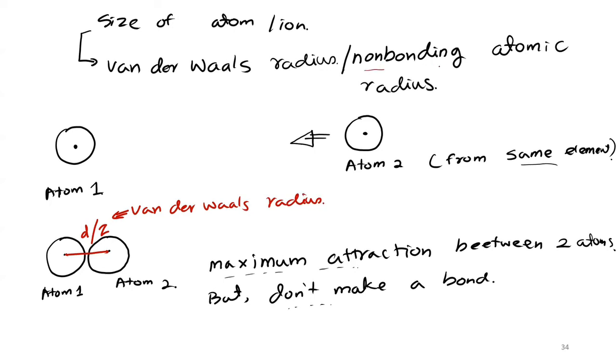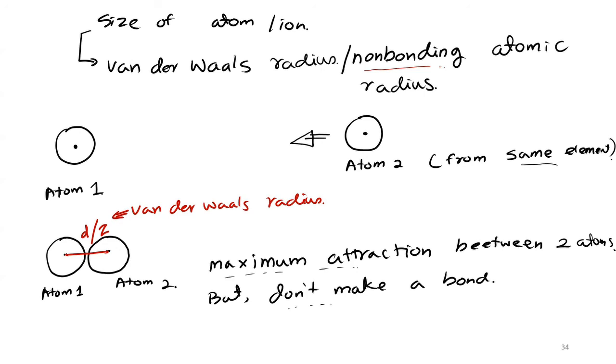As the word says, non-bonding. Bring the two atoms together, you don't make a bond. Measure the distance between the two atoms, divide it by 2. That is your van der Waals radius.